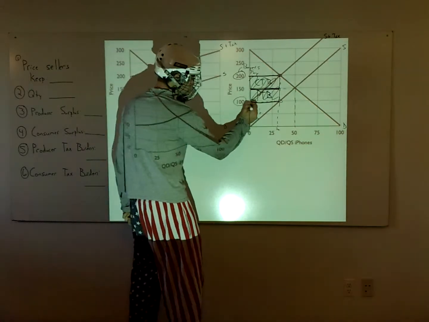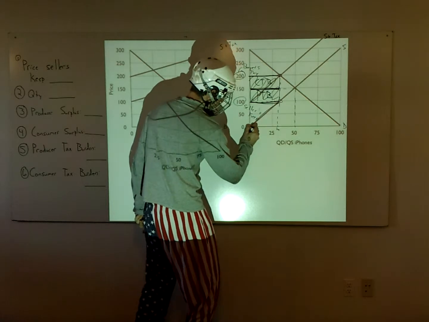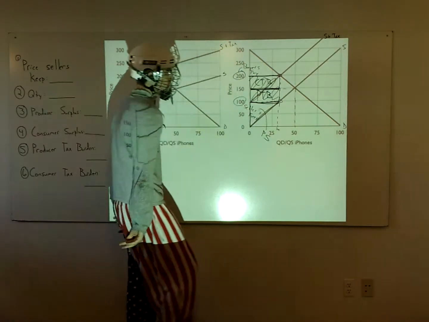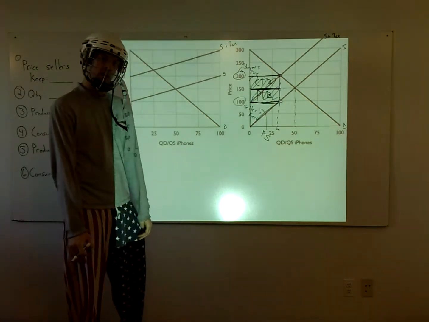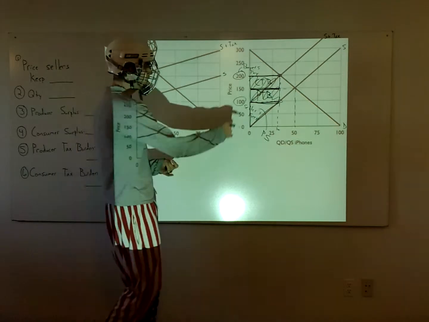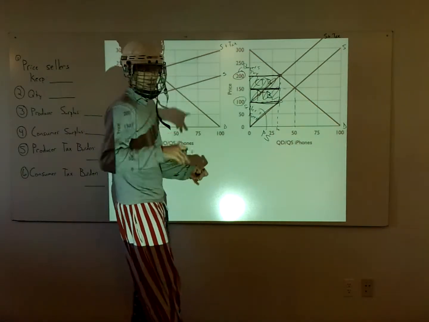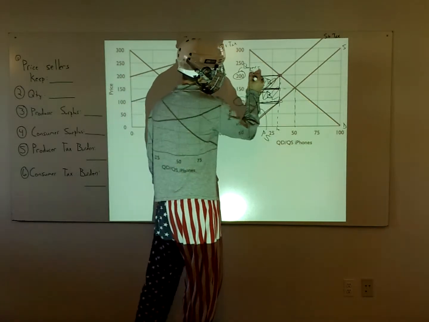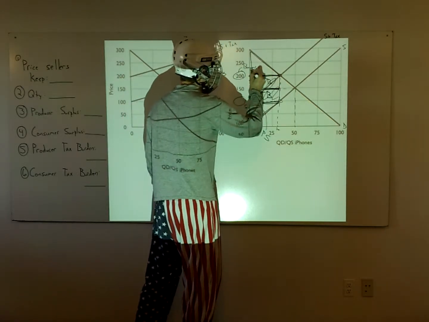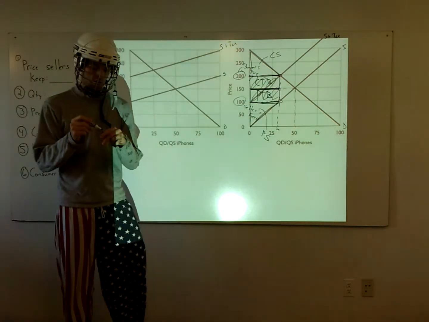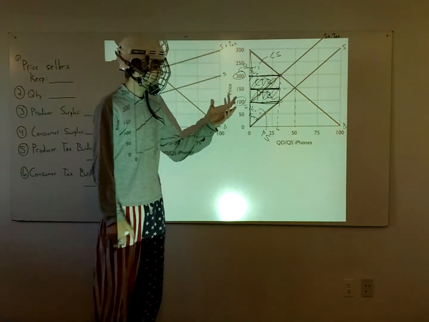And I can make my triangle like that. Producer surplus. Same thing for the buyers, rather. What's their price now? 200 for the buyers. Where's their demand curve? Right here. Their quantity is 30. Consumer surplus. Okay?